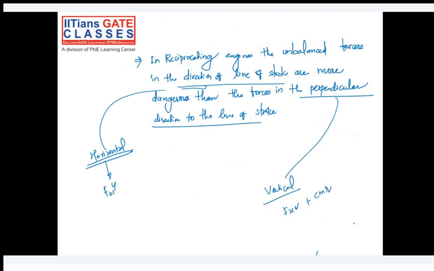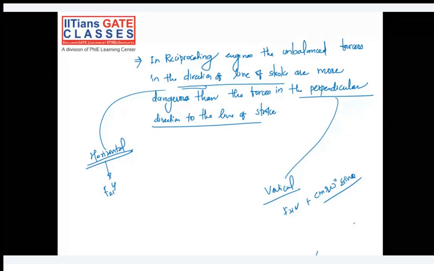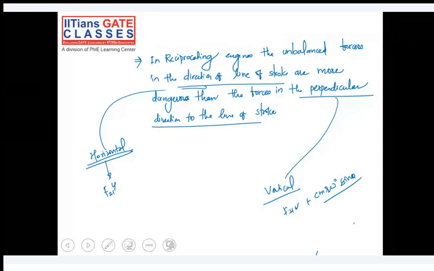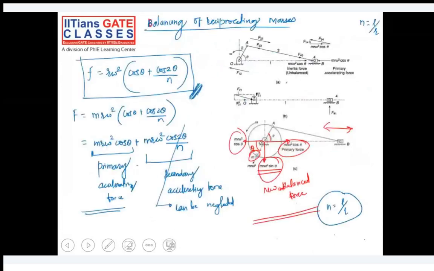I hope you understand why we are making this compromise. We are making this compromise because the forces in the horizontal direction are more dangerous compared to the vertical. So whatever forces are along the direction of the line of stroke are dangerous compared to those perpendicular to it.